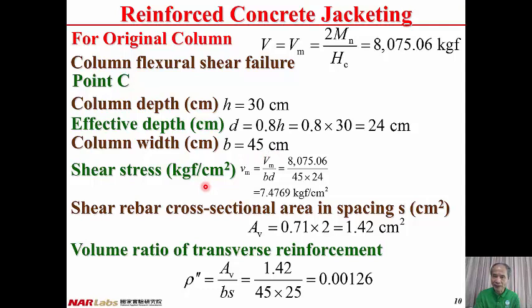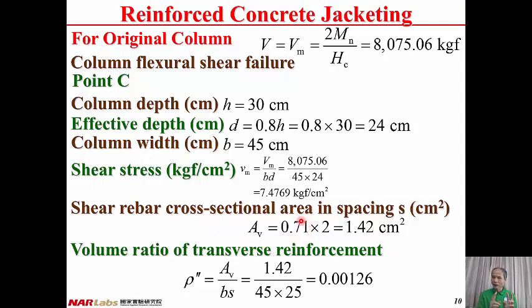And the shear stress is the lateral strength under flexural failure divided by b d, equal to 7 ton force per square centimeter. And the cross-sectional area of the shear rebar equal to 0.71 times 2.